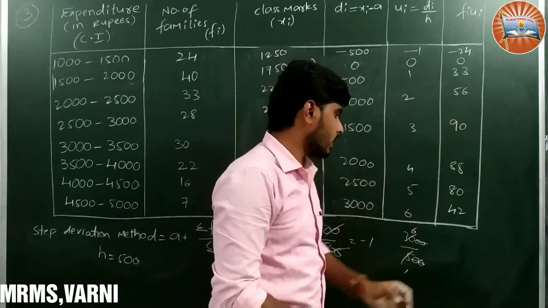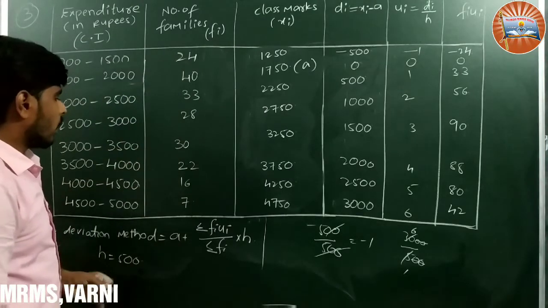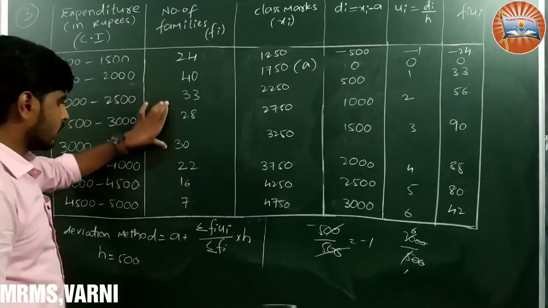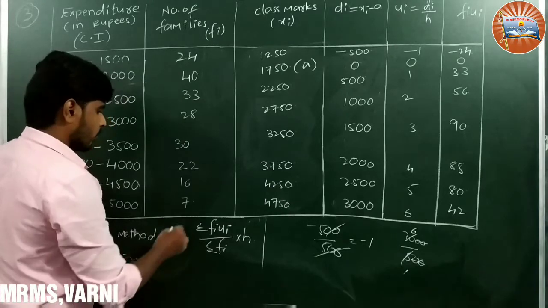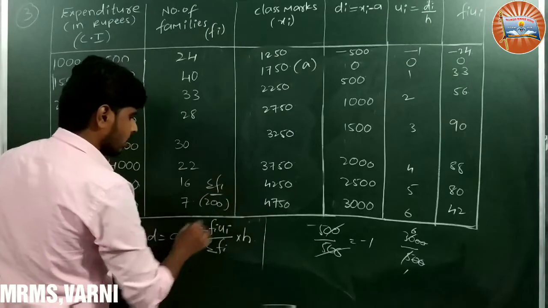Now we have to find the sum of all these fi ui values. We have to add all these things, as well as add all the fi. We already know that the sum is 200, because there are 200 families given here. Sigma fi is 200.